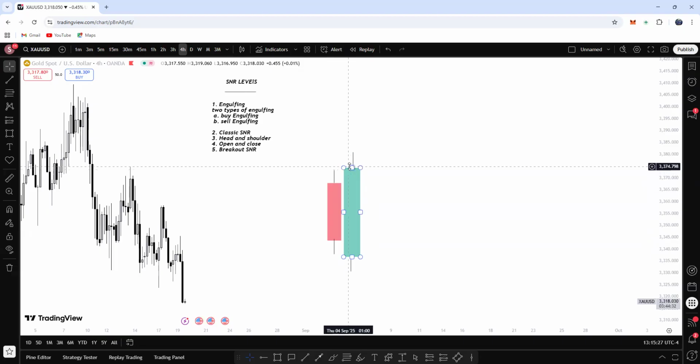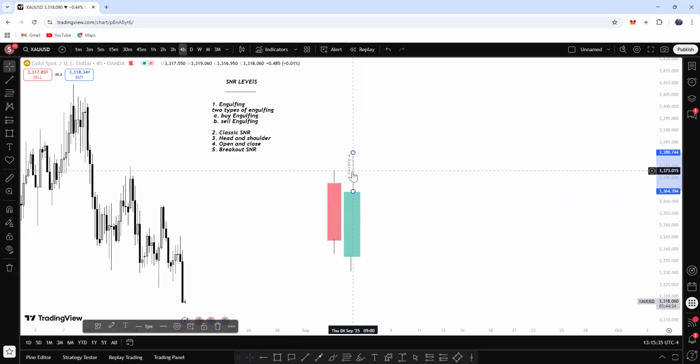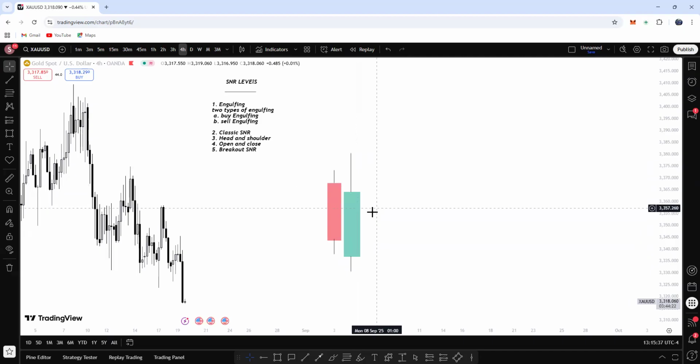Then we can have something like this also. This is still an engulfing because the wick still went above the previous one. On lower time frame, these are candles, guys.